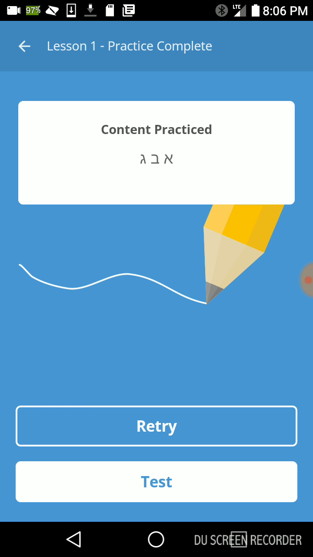Shin. Okay, so Sheen, found in the phrase like I said before, Shlomcha, Shlomech. Shalom. Shin.